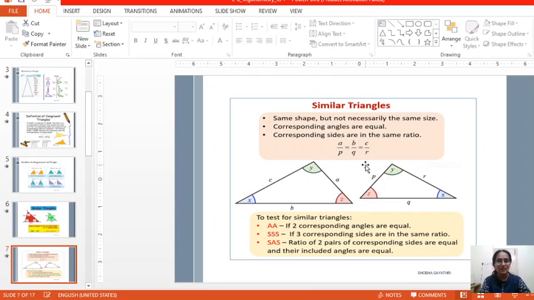That means corresponding sides are in the same ratio. Similar triangles are triangles with the same angles but corresponding sides in the same ratio. Again, we can check the similarity of given triangles by these 3 conditions: AA, SSS and SAS.